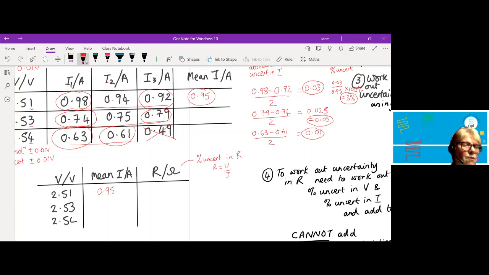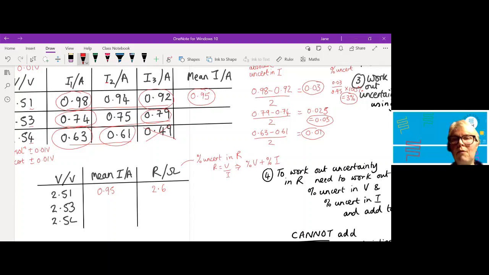So 2.51 divided by 0.95 equals 2.6, and I can leave it to 2 significant figures. I can go to 1 more, but I'll go to 2. Then your percentage uncertainty in your R would be whatever your percentage uncertainty in your voltage is, added to your percentage uncertainty in your current.